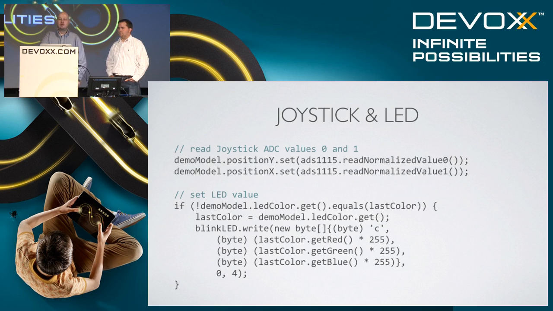Inside my normalized value method, I'm taking the value which it's giving me, which is a voltage between 0 and 3.3 volts, and turning that into a nice 0 to 1. And I have a couple of properties I can set on that to set what the lowest possible value and the highest possible value are, because the analog things aren't really that precise.